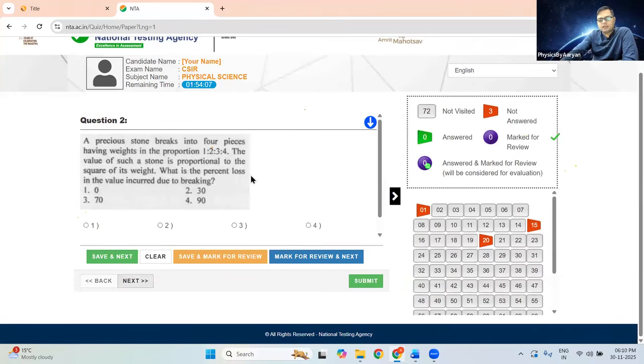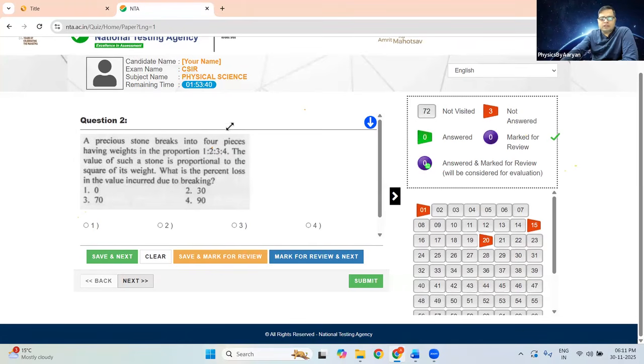I go to the second. Now this is the first question I'm going to attempt in an exam. So I should ask myself, is it the right question? A precious stone breaks into 4 pieces. Their weights are in the proportion 1, 2, 3, 4. The value of such a stone is proportional to the square of its weight. What is the percentage loss in its value incurred due to breaking?